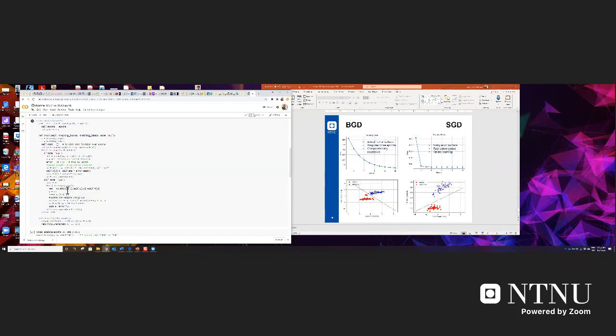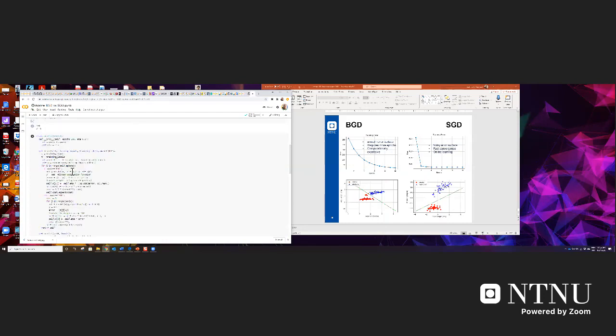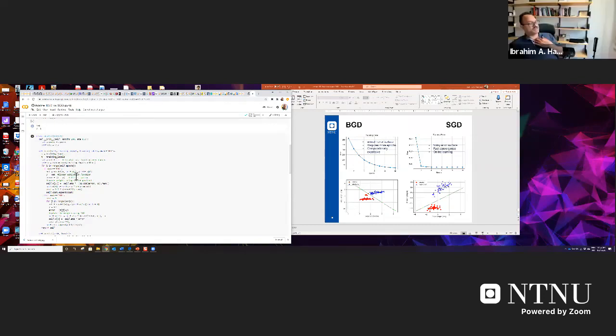But in BGD, you don't iterate through. I'm sure it is the same as the dot product of the error and then the... Yes, you are correct. In fact, when you go for batch gradient descent, we can use vectorization. Do you know?